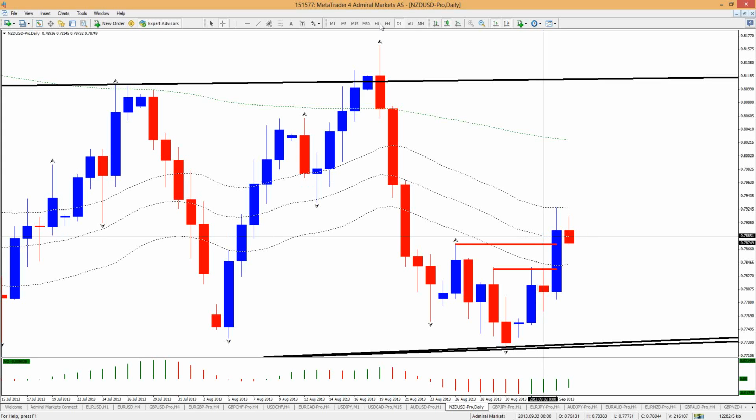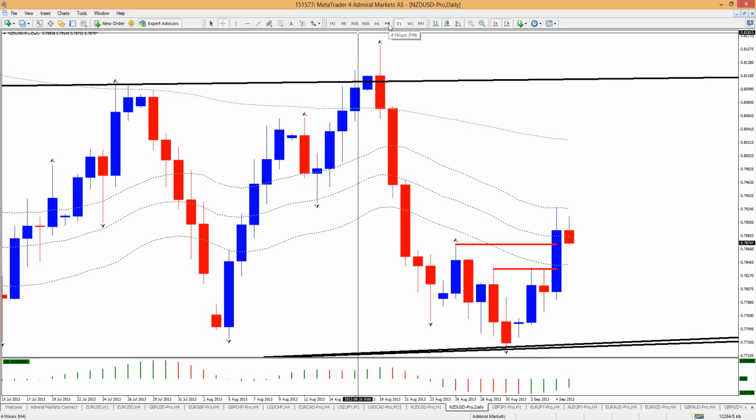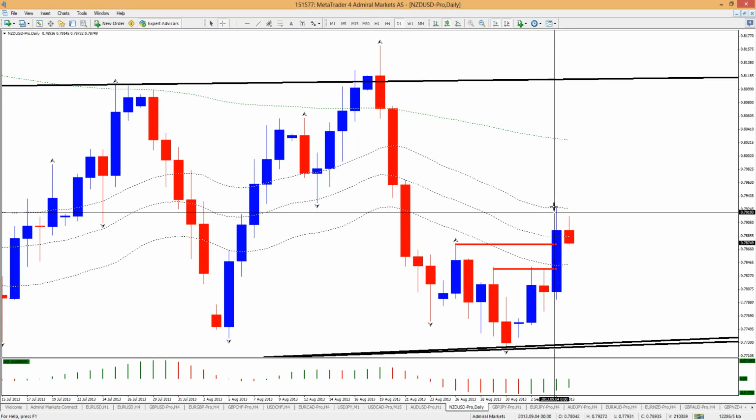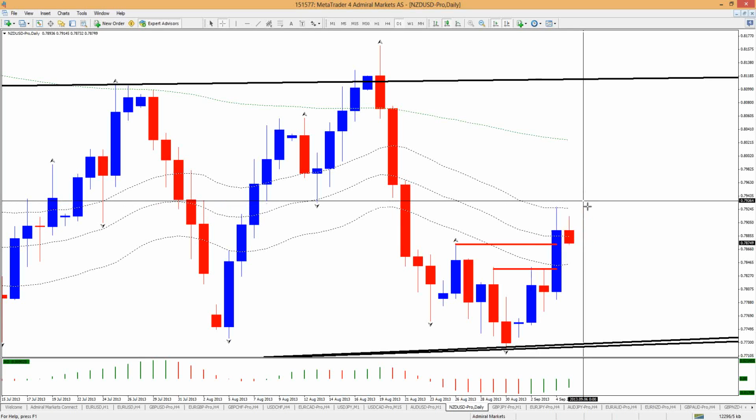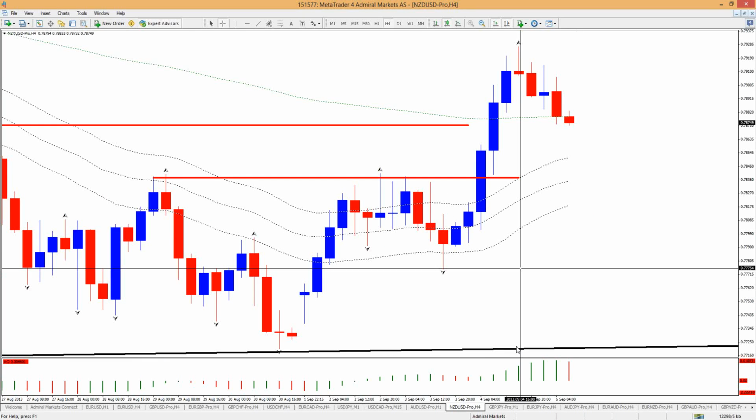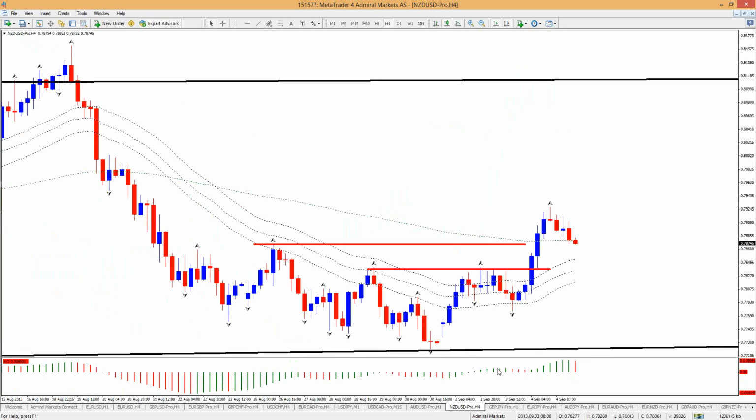So that's fine. Pretty big candle as well for a daily candle. You don't want a small candle breaking out. Good size. Wick is not dramatic, and the close is above the resistance. So that's good. The daily candle is good. All those criteria are important and have been confirmed.